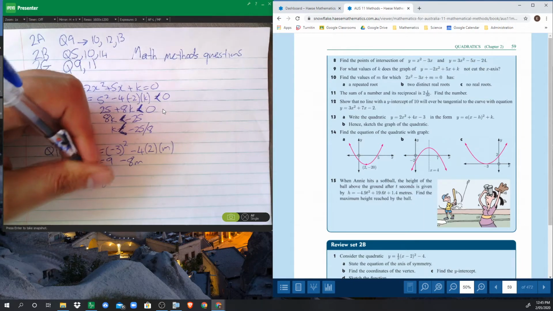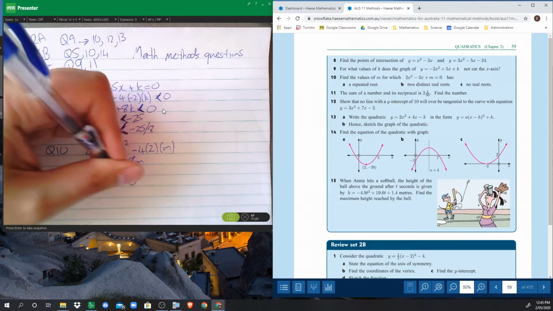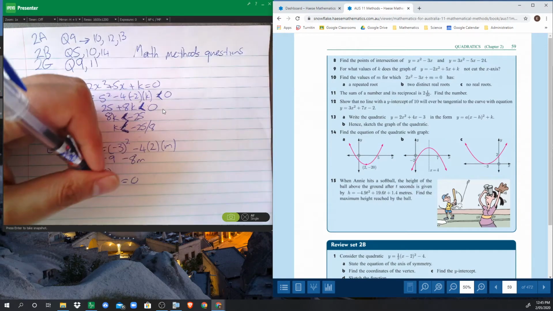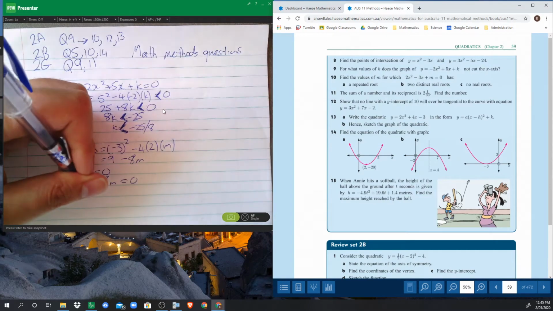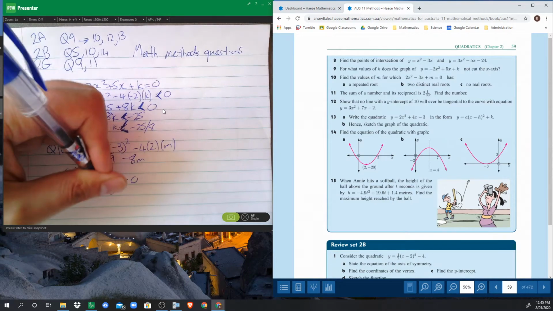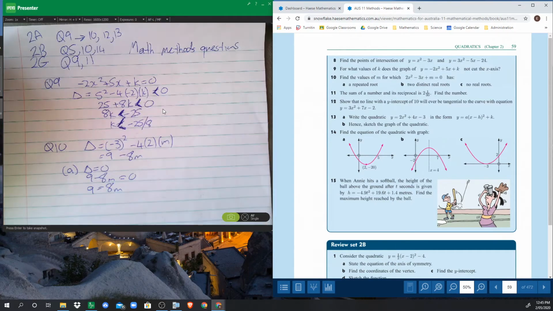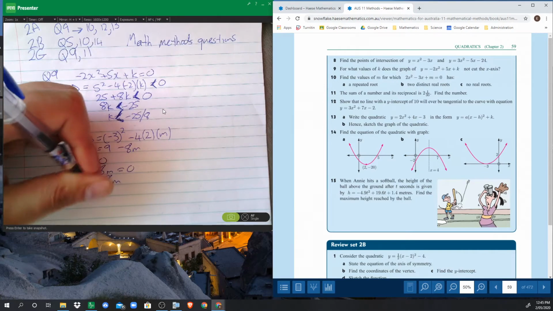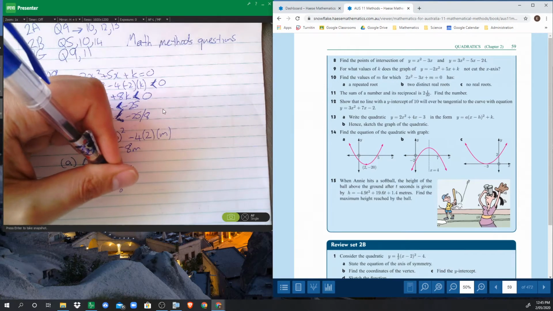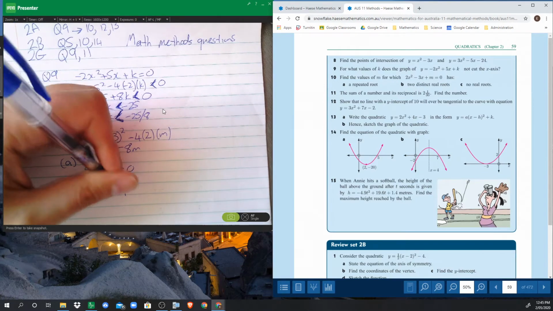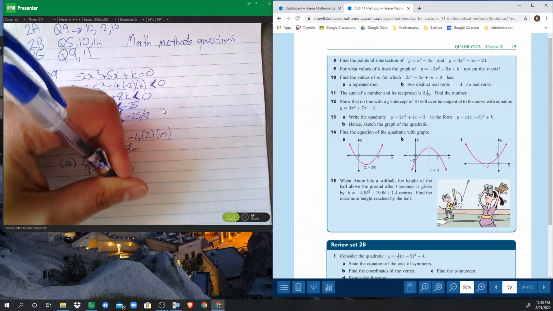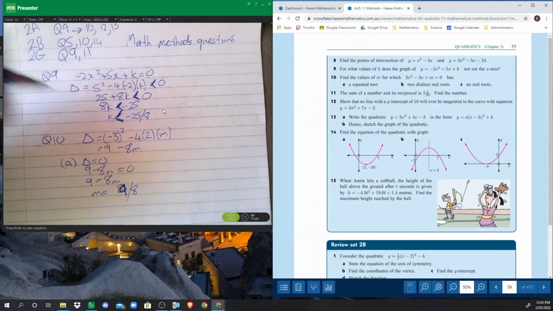So 9 take 8m equals 0. Bring the 9 across. Actually, I'm more inclined to do this and then divide by m. m is equal to 9 divided by 8. Okay, as such.